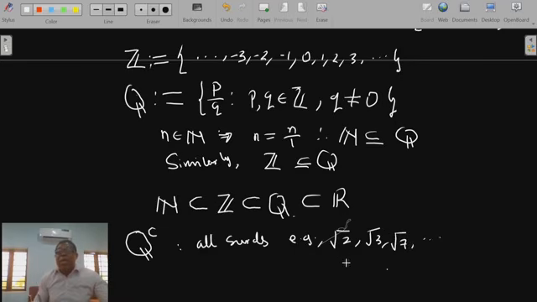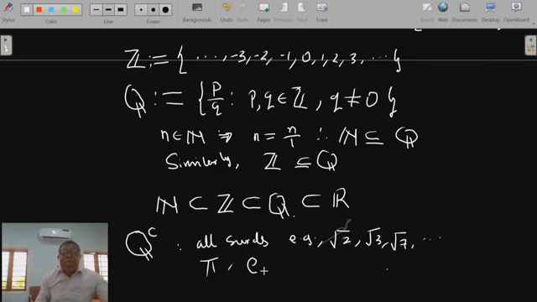Root 2, root 3, root 7, and so on are all irrational numbers. Numbers like pi, where pi is the ratio of the circumference of the circle to its diameter, is also an irrational number.